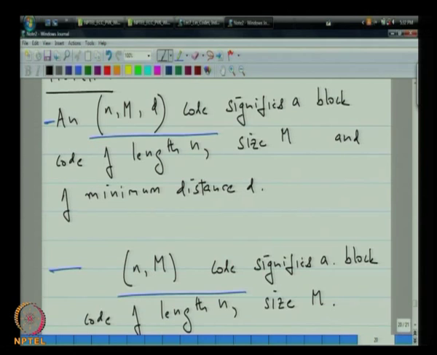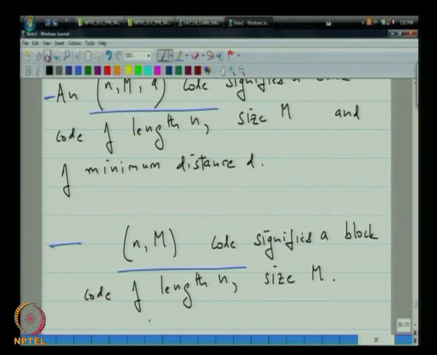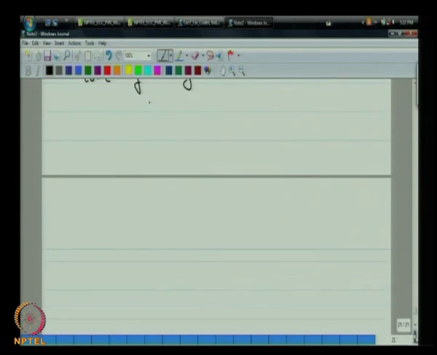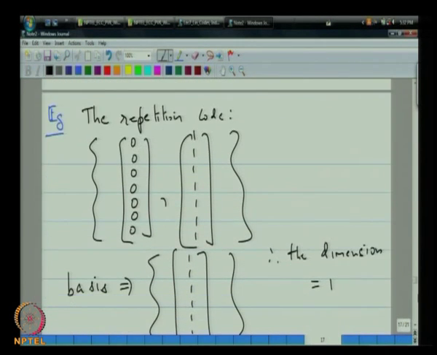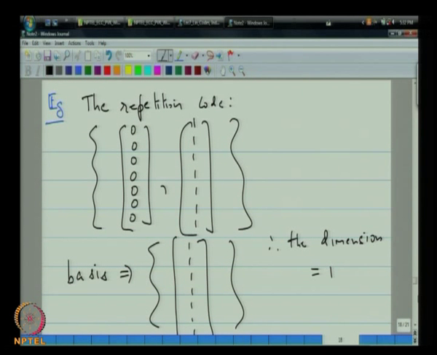Now that we have got the notation straightened out, let us go back and see for our example code here. This repetition code, let us take a look at what its parameters are. You can see that the block length is 7.